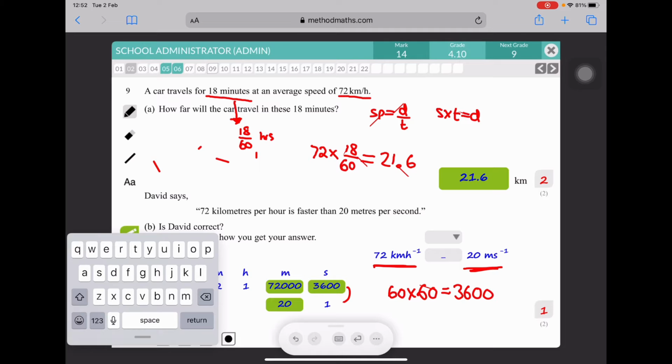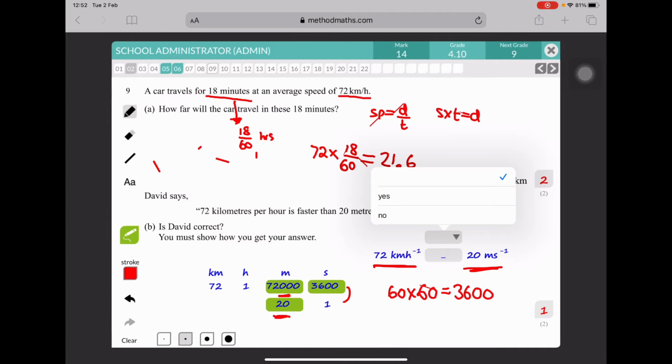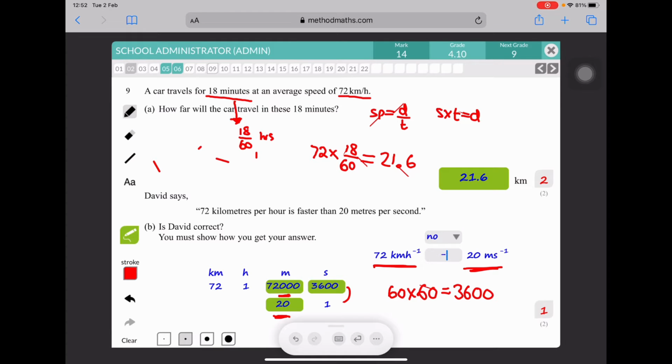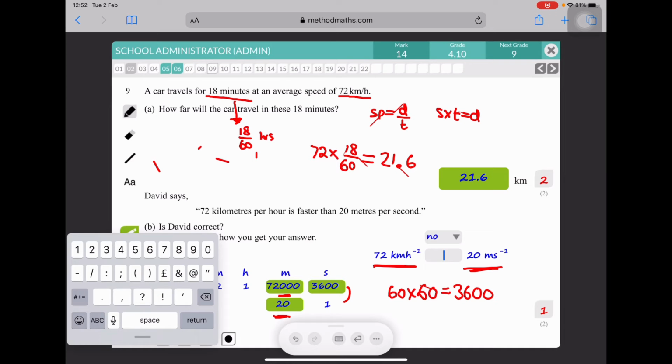So as you can see, it's the same. 20 meters per second here is the same as 72,000 meters per 3,600 seconds. So here I'm going to write the equal sign. Is David correct? No. I will put equal sign here. Yeah, look, we got the 4 marks for that as well.